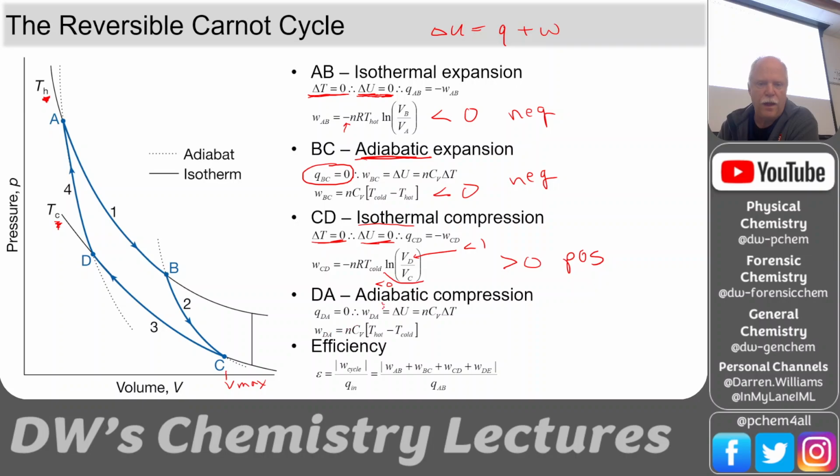Question. And then the same kind of thing, adiabatic compression, Q is 0. Therefore, the work is equal to the energy change, which is nCV delta T. And now the final temperature is the hot one minus the cold one, so this is a positive temperature difference, greater than 0 and positive.